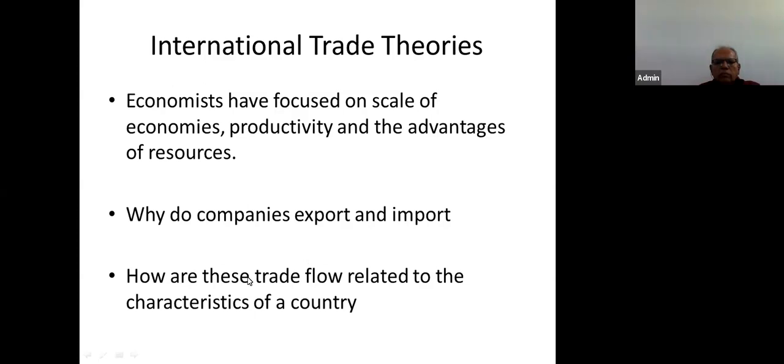And then another point: how is trade flow related to the characteristics of a country? Like India, our country is a democratic country, whereas China is not democratic. They have different political characteristics.